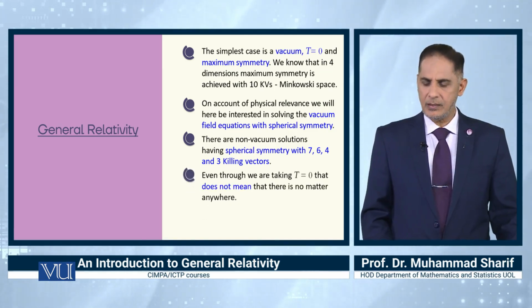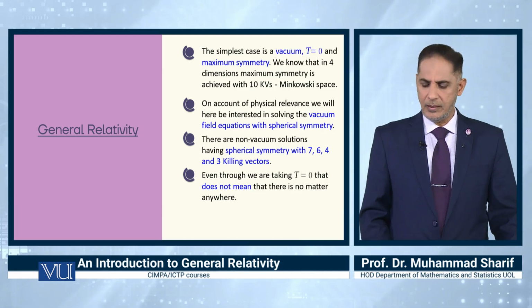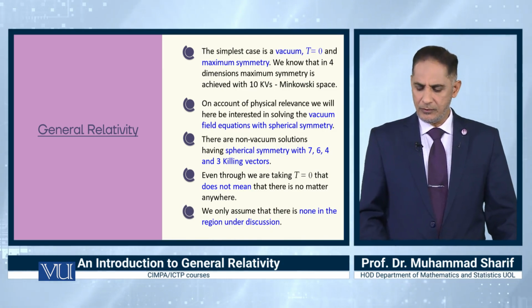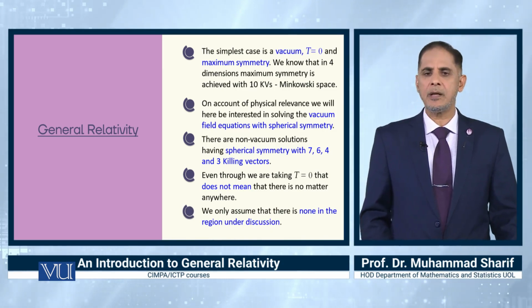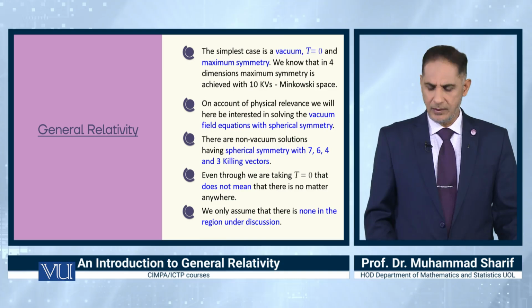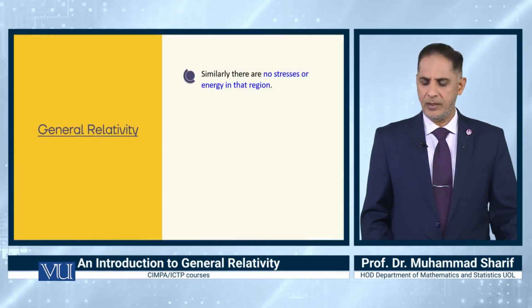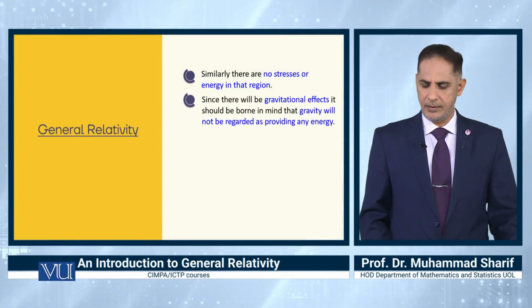Even though we are taking the vacuum case, that does not mean that there is no matter anywhere. We only assume that there is none in the region under consideration at a particular place. Similarly, there are no stresses or energy in that region.